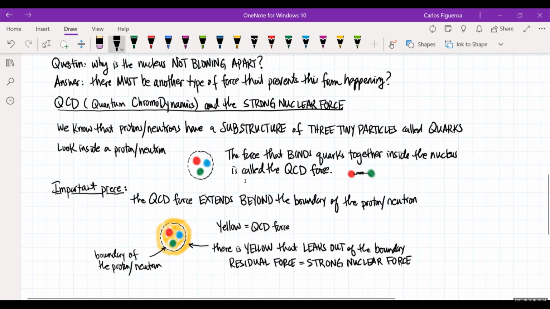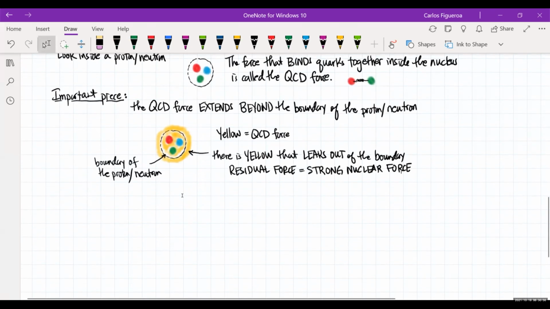And so the picture of this whole thing is that there's this residual force that really leaks beyond the boundary, and that's what we call the strong nuclear force.